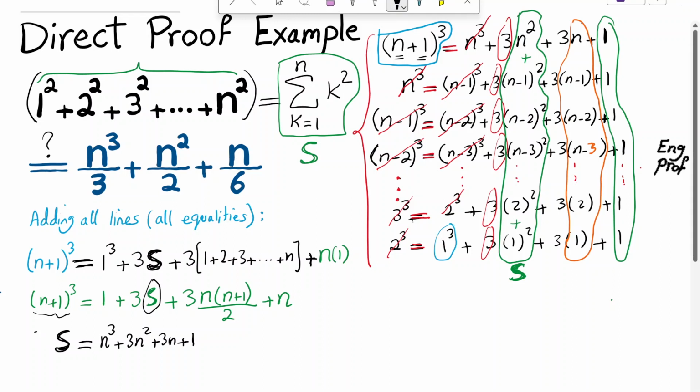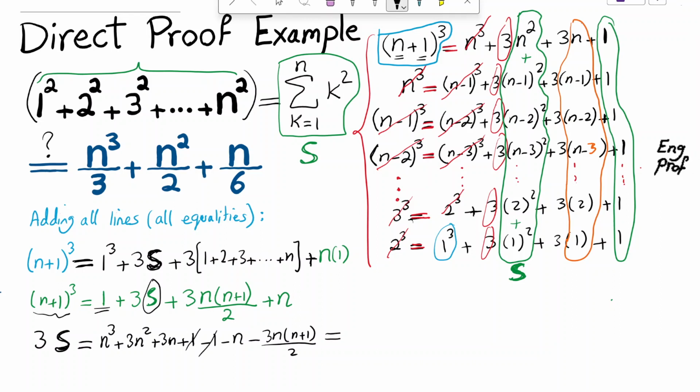So I'm going to keep the 3s here, and I'm going to move everything, meaning these terms, to the other side, to the left side. So I get minus 1, which is the impact of this, and then I get minus n, which is the impact of this one, and again I get minus 3 times n times (n plus 1) divided by 2, which is the impact of this term. Okay, so let's simplify.